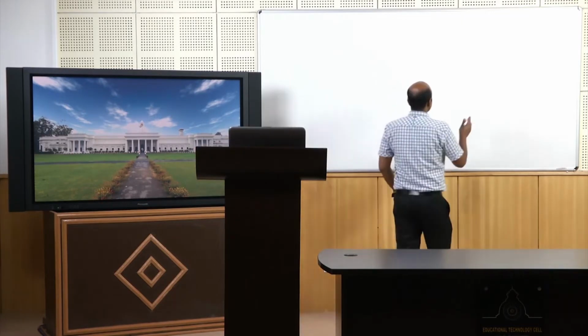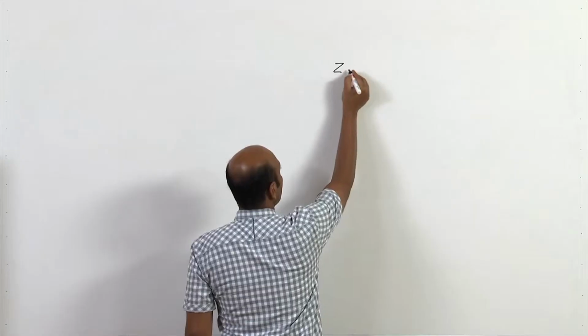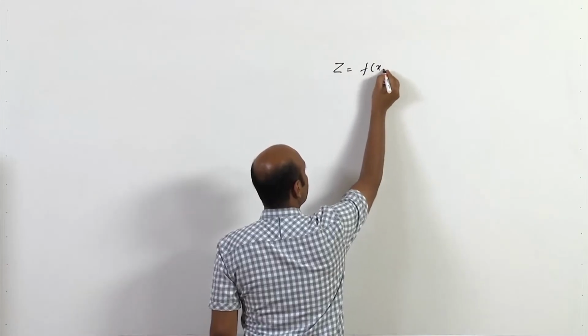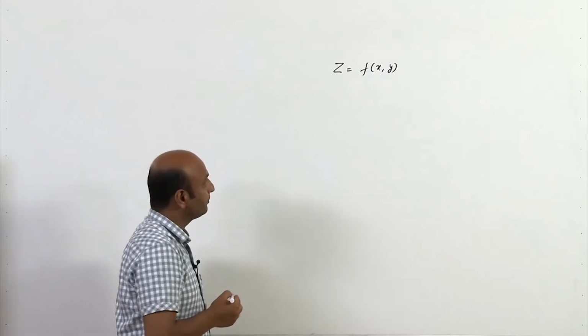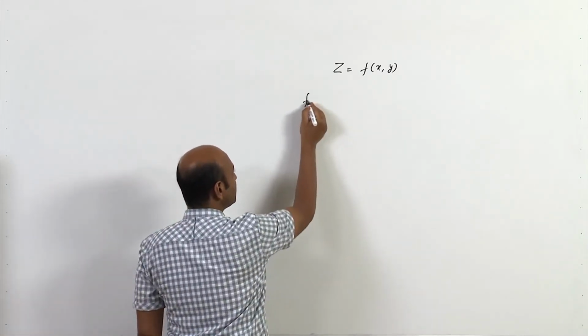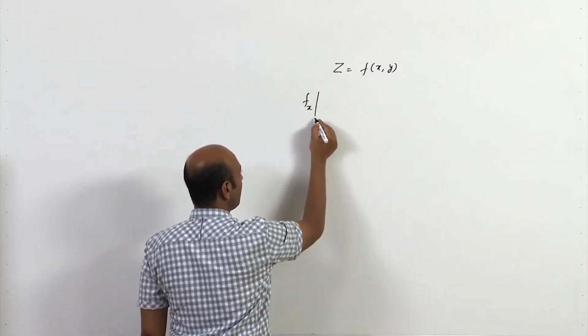Let us see. Again suppose z equals f(x, y), where x and y are independent variables and z is a dependent variable. We have already seen what we mean by f_x at a point (a, b).